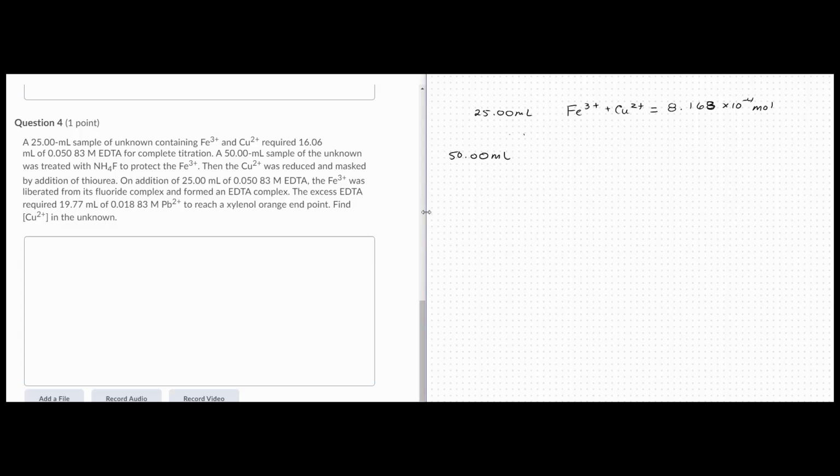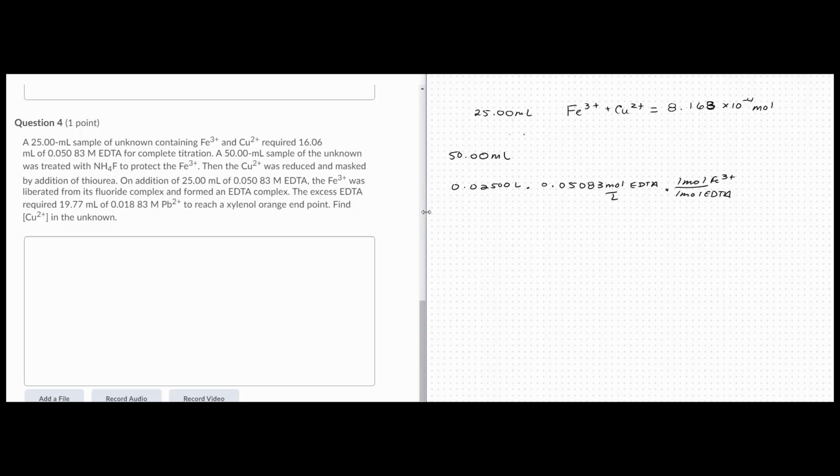On addition of 25 milliliters of our EDTA solution, then the iron 3 is liberated, and we form that EDTA complex. So 1 mole of EDTA reacts with 1 mole of iron now in this 50 milliliter sample.